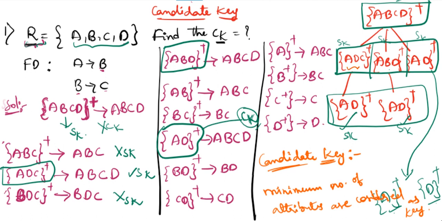So here this is 3. Here three attributes are considered as key. Here also 3, but here only 2. Is there any single attribute considered as a key? No. There is no single attribute determining all the attributes of our relation. Which key is having the minimum number of attributes? This key is having the minimum number of attributes.